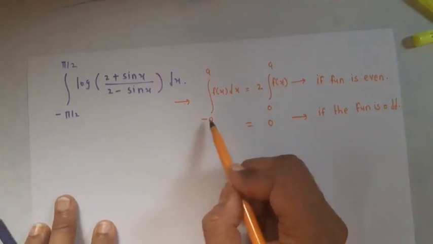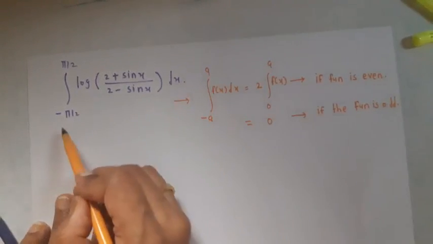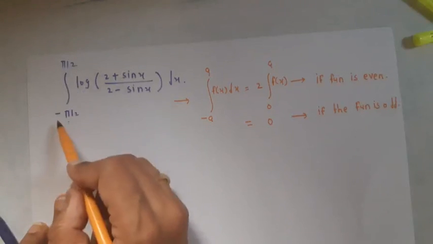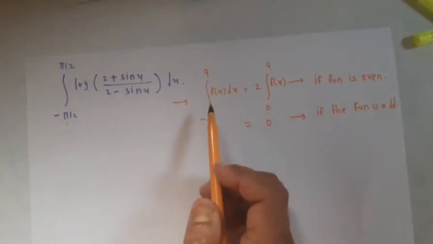Because the limits of integration are minus a to a, this is similar to the given problem, so we use this property.